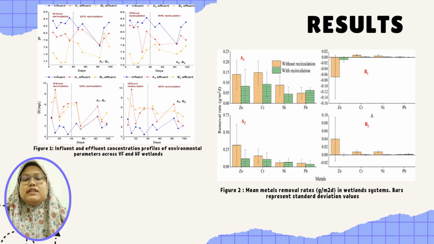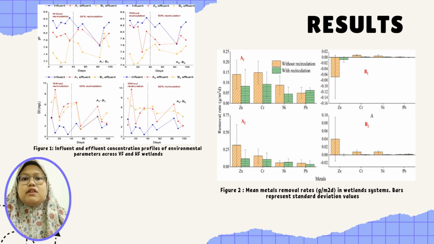Figure 1 is about influent and effluent concentration profiles of environmental parameters across VF and HF wetlands. The pH range of the influent across VF wetlands during the 50% influent recirculation period, phase 2, was 7.9 to 8.3.